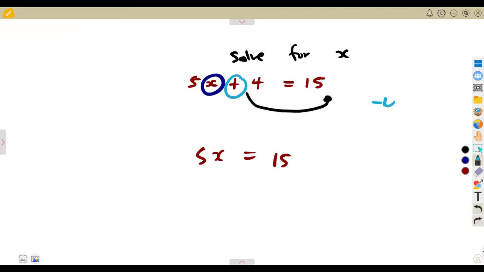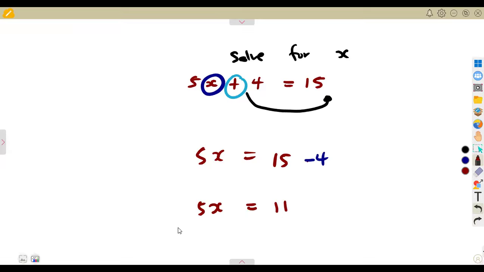So once a number crosses the sign, it changes its sign. So that means 5x will be equal to 15 minus 4. You're subtracting, and that is going to give you 11.